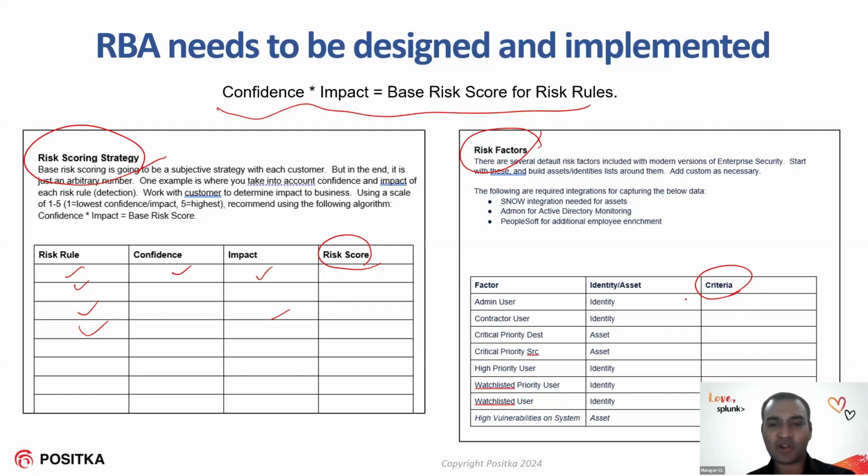We identify all of these risk factors and we decide what needs to be done when there is a matching condition, whether the risk score needs to be increased or decreased, etc. All of this needs to go into the plan. We complete this plan at stage 2 and implement this in the RBA implementation methodology.